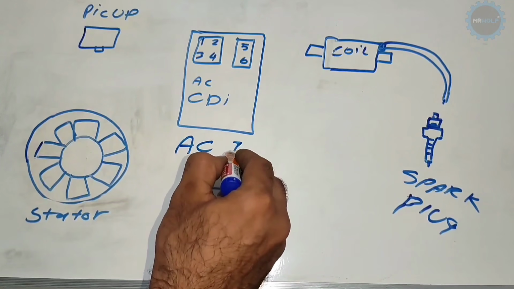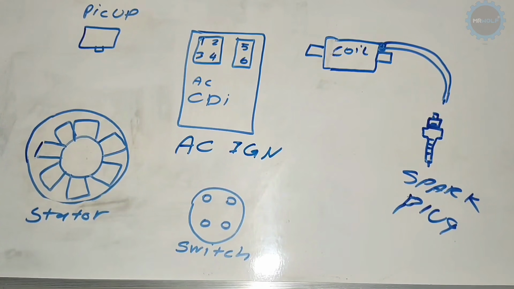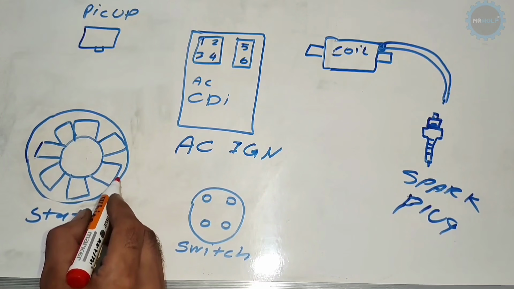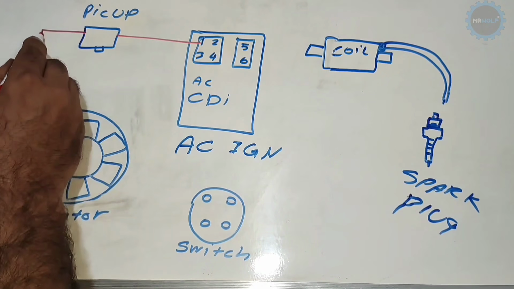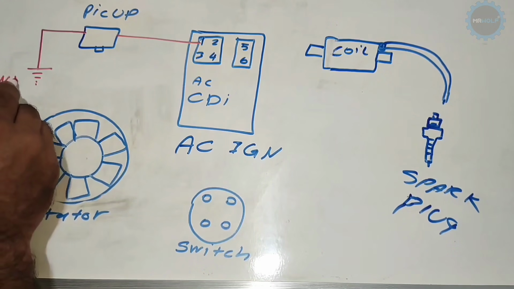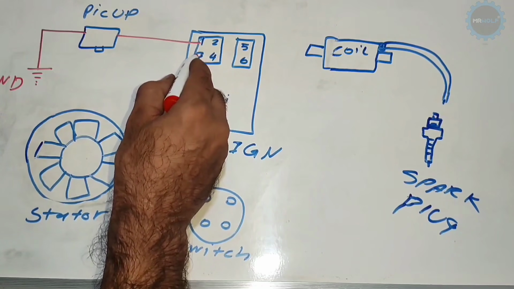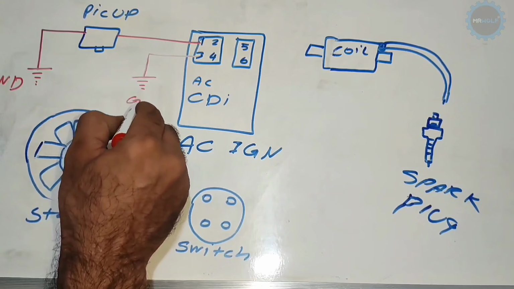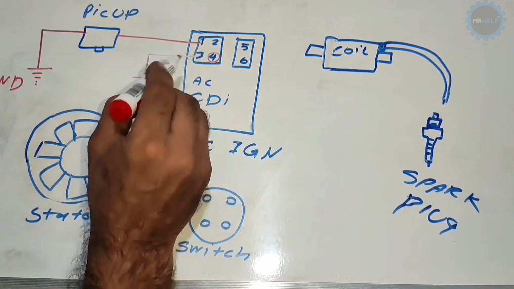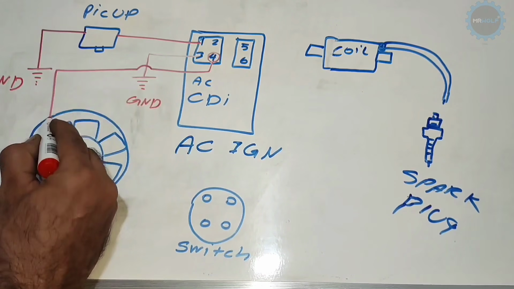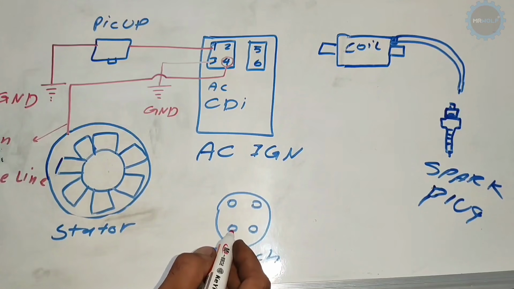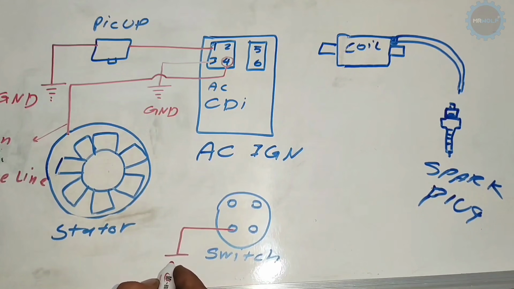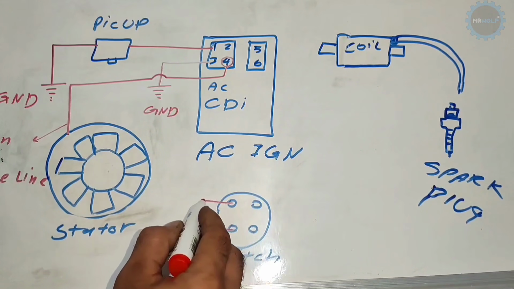In the AC ignition system, the only difference is the CDI input power, which is fed directly from the stator coil, and it also has another output in the CDI to turn off the ignition system. There is no other difference between DC and AC.